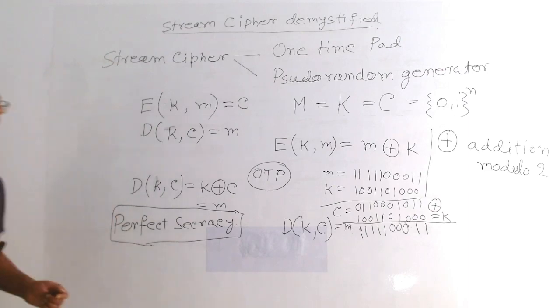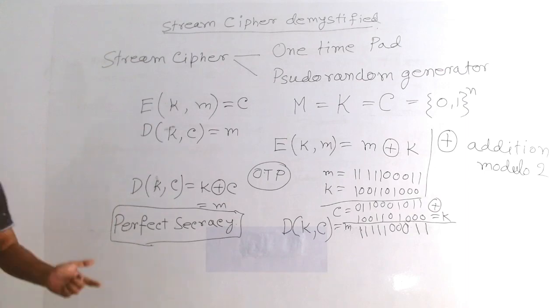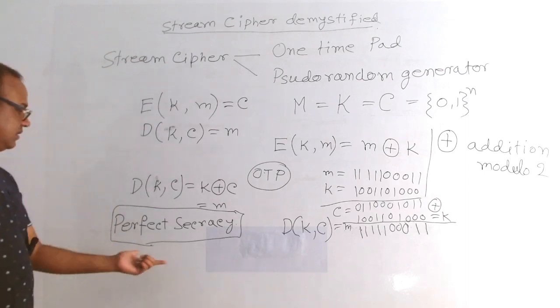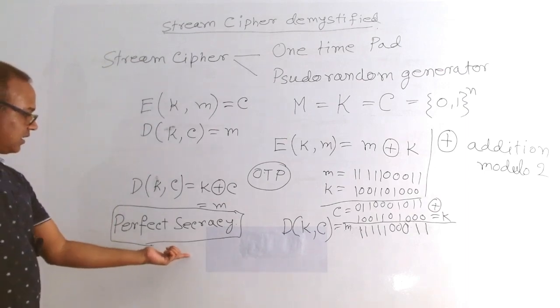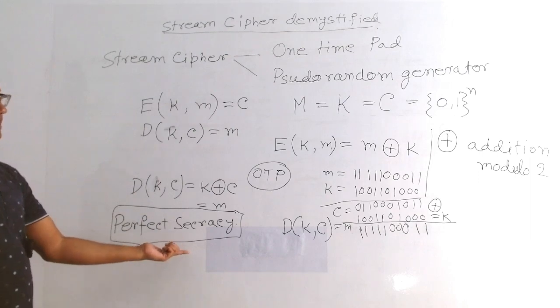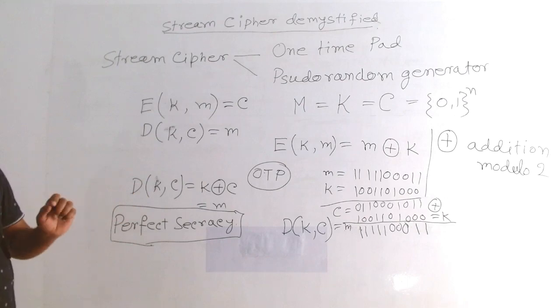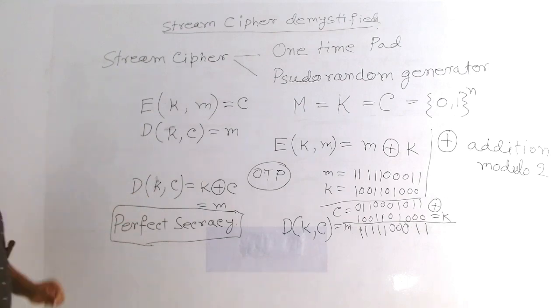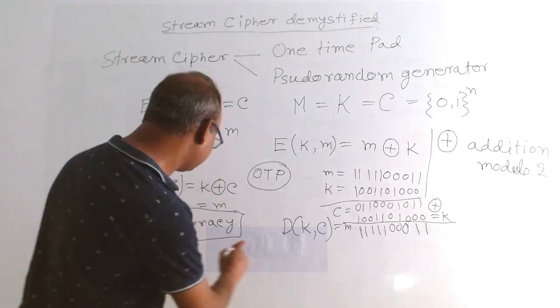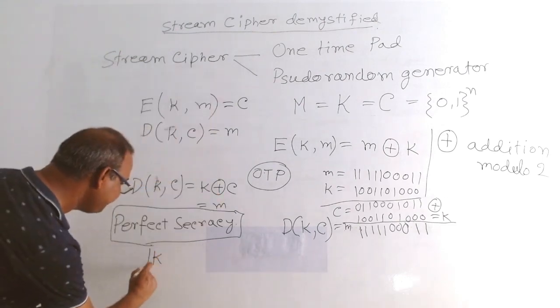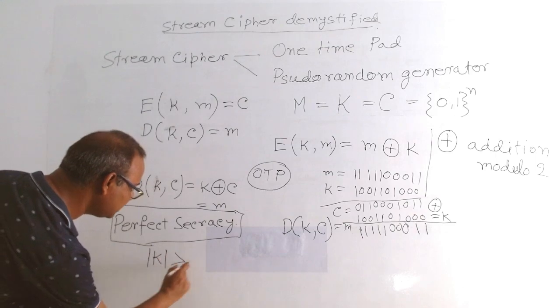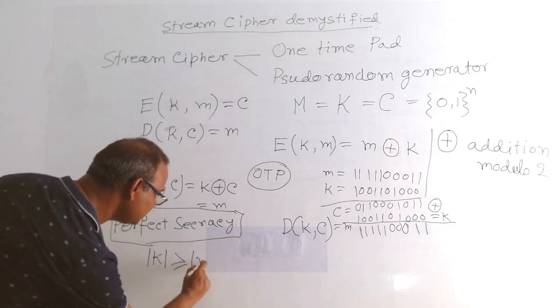Okay, and there is a proof by Shannon himself for perfect secrecy that a cipher is perfectly secret if and only if the length of the key is greater than or equal to the length of the message.